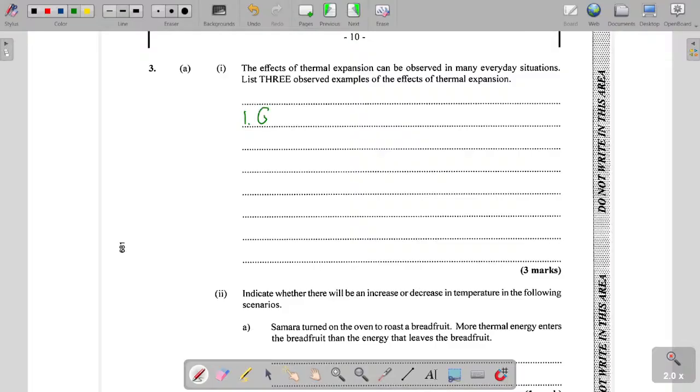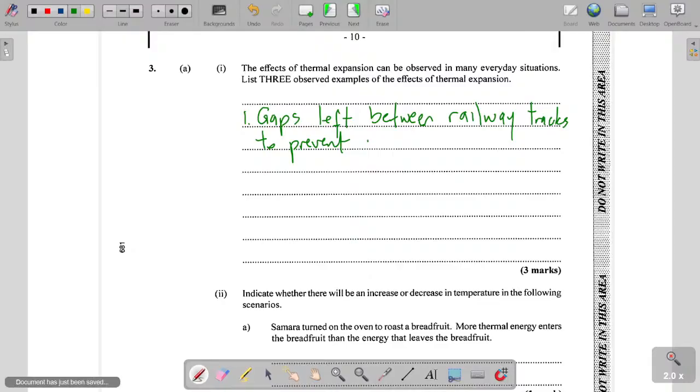So gaps are left between railway tracks to prevent damage when heated. So that's one example.